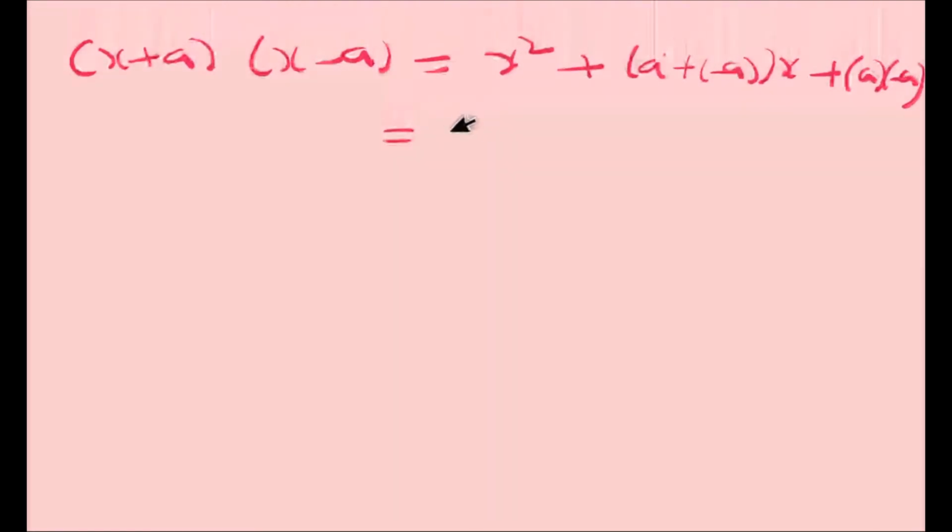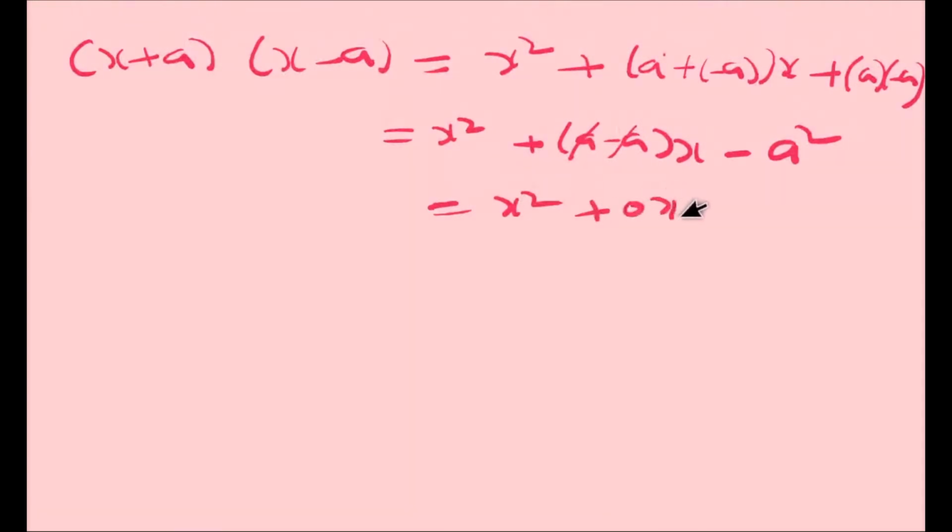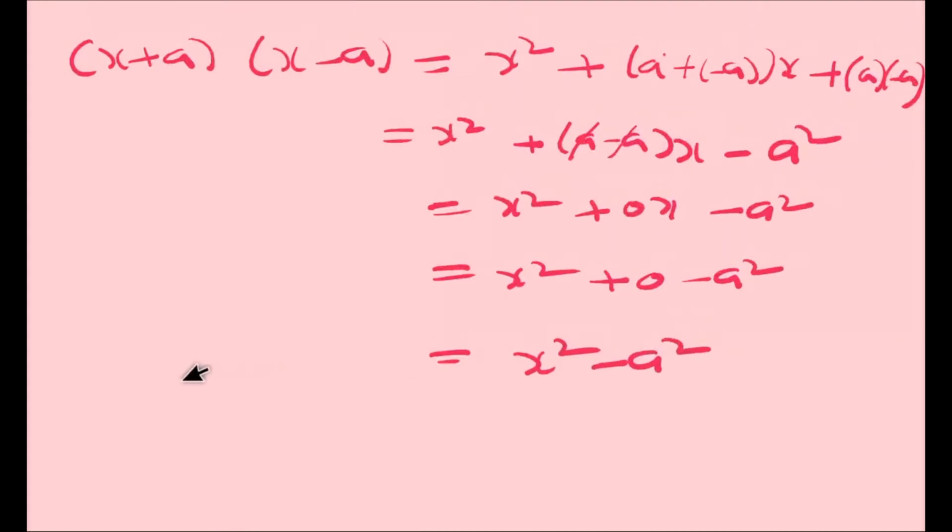So what is left here? x square plus a minus a, x, and minus into plus is minus a square, and this cancels, therefore it is 0. So we can write x square plus 0x minus a square, or x square minus a square. So directly, x plus a, x minus a is x square minus a square.